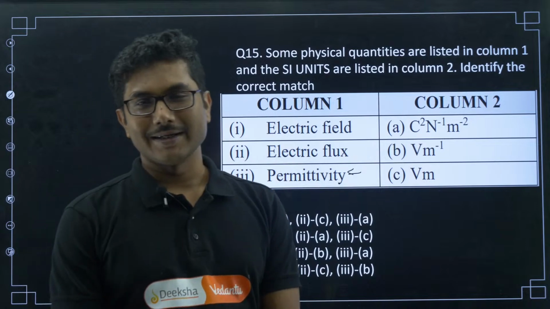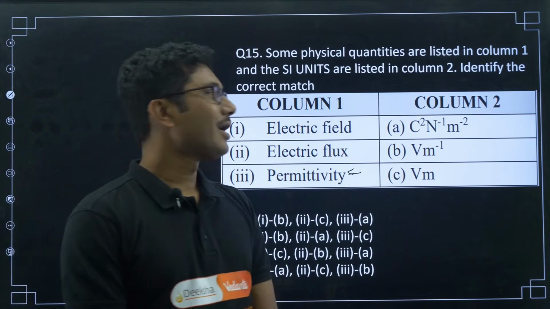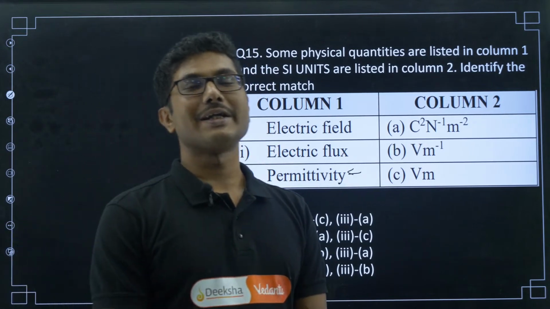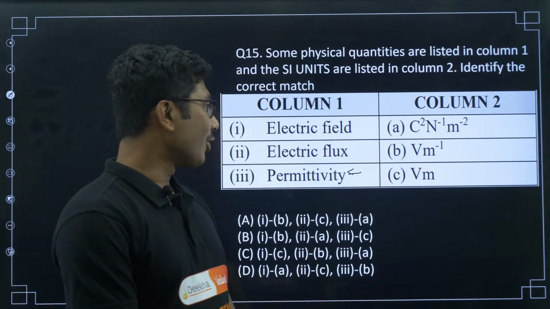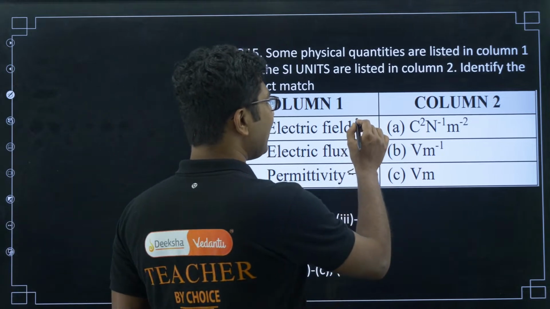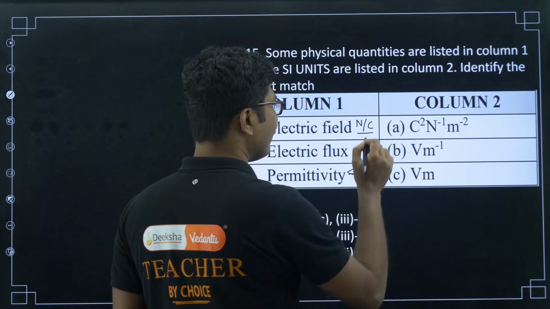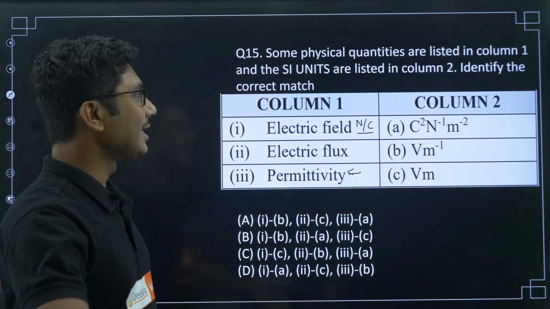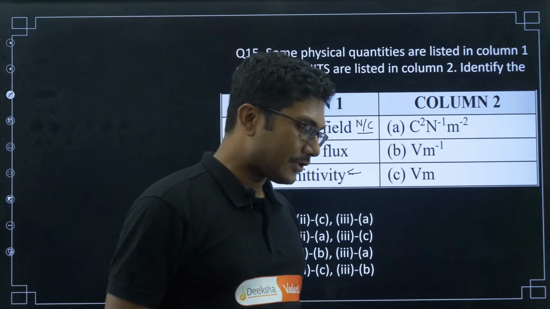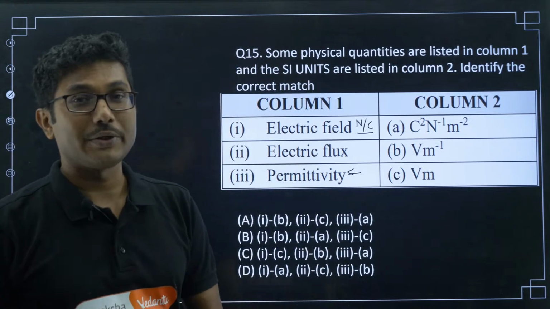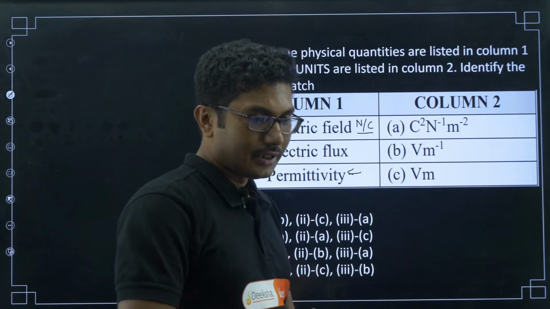If you have studied the electric potential chapter, there is a secondary unit for electric field. Normally, the unit for electric field is Newton per coulomb, that one we know. There is another unit other than Newton per coulomb, that comes from the relationship between electric field and electric potential, right.